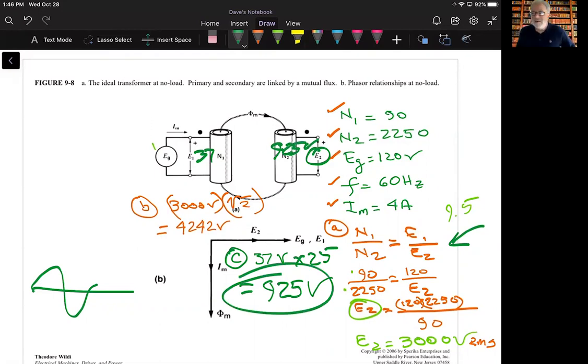These are not just theoretical values. These are real numbers, the real kind of things that you see in a transformer, that level of voltage transformation or increase. Okay, so that's 9.6.